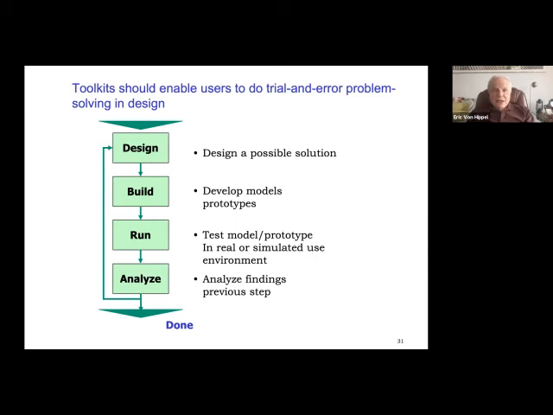Right? In the case of the flavor design toolkit, it was, if you think you want this, we'll make it for you in an experiment, and you can sniff it or taste it and see and modify very cheaply, right? So it's always trial and error problem solving built into a toolkit.